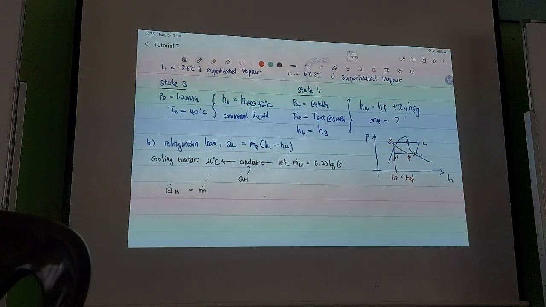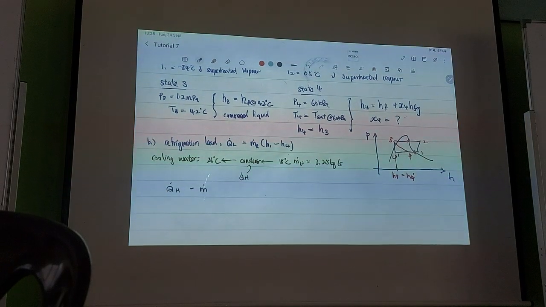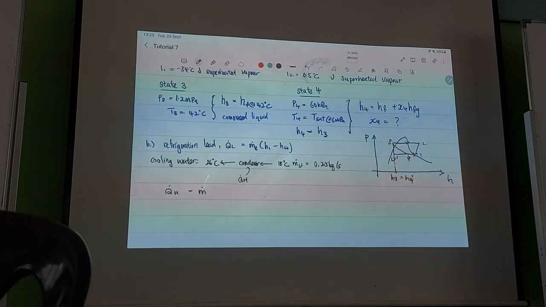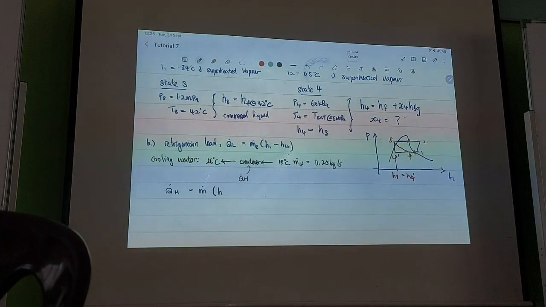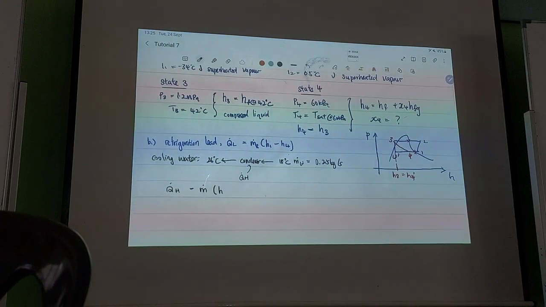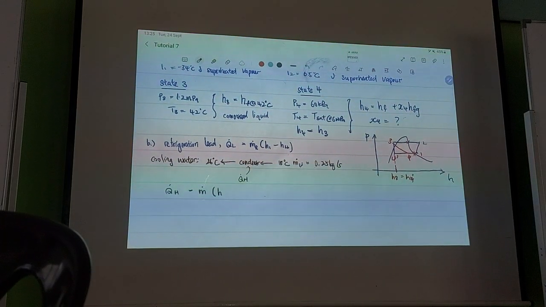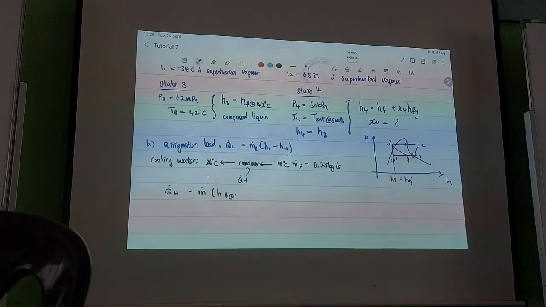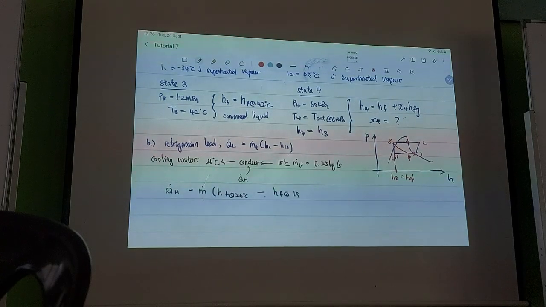Don't use Cp delta T because it won't be as accurate. For water, we try not to use the Cp value. Instead, we will use H. Since it is cooling water, it is in pure liquid form. In liquid form, we can say that it is just a compressed liquid, which means it will be HF at 26 degrees Celsius minus HF at 18 degrees Celsius.